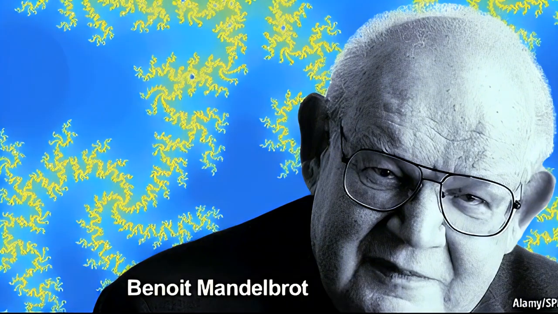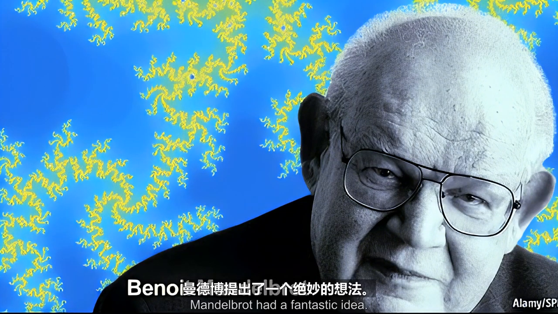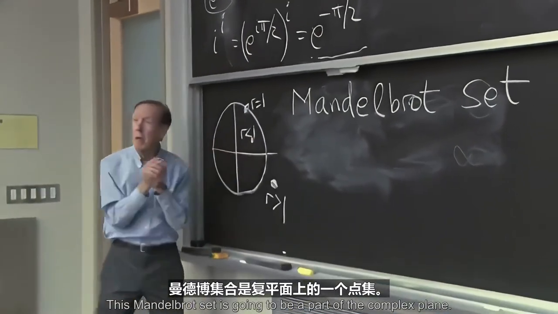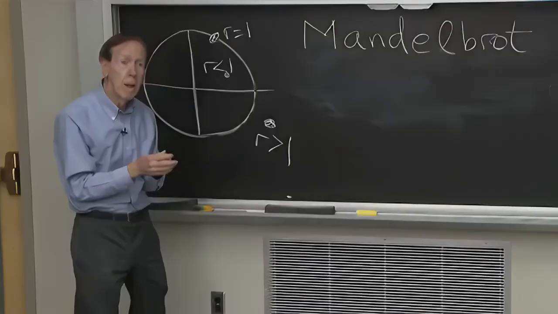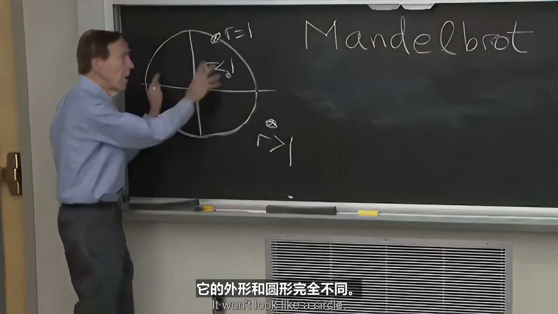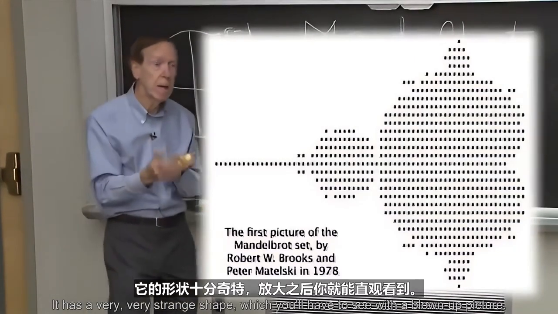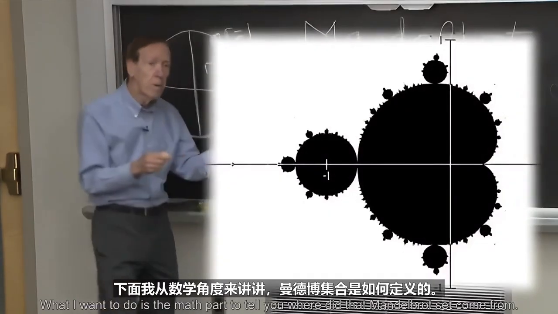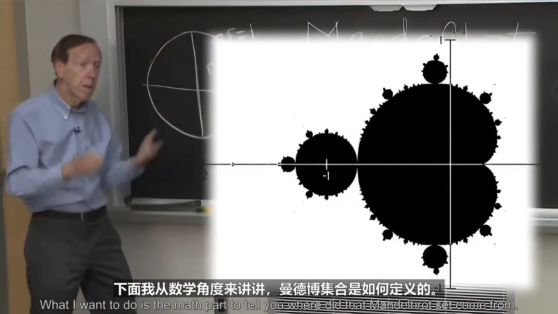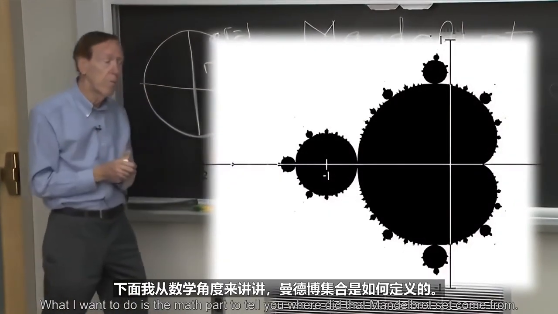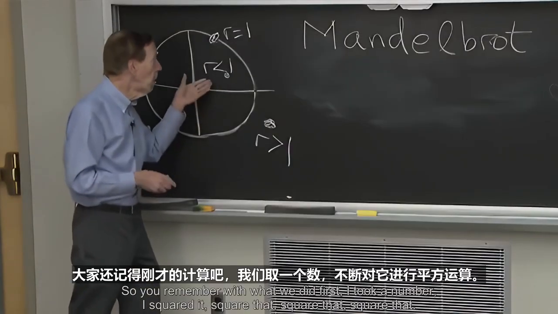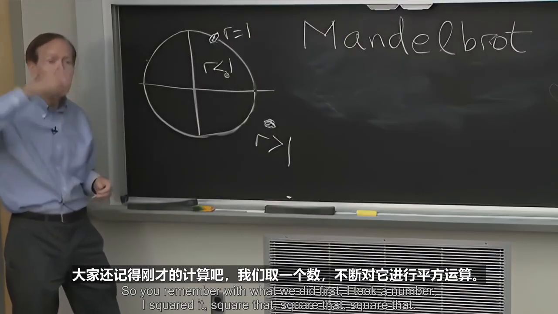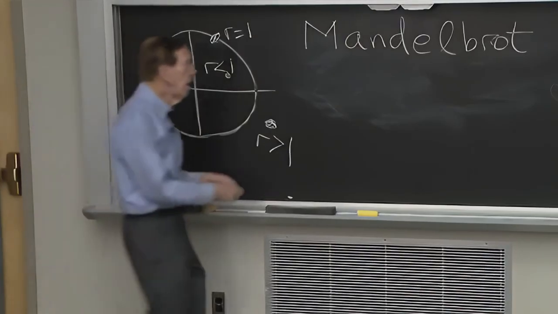All right, now for Mandelbrot. Mandelbrot had a fantastic idea. This Mandelbrot set is going to be a part of the complex plane. It won't look like a circle. It has a very, very strange shape, which you'll have to see with a blown-up picture. What I want to do is the math part to tell you where that Mandelbrot set came from. So you remember what we did first: I took a number, I squared it, squared that, squared that.